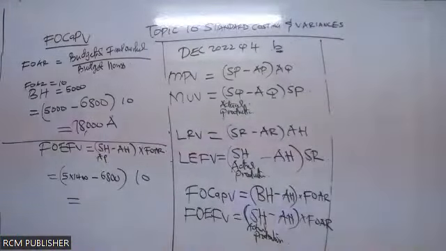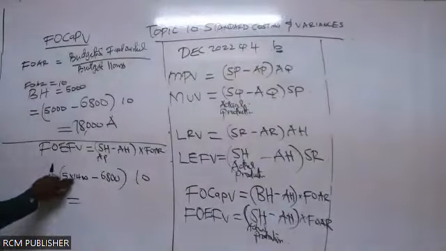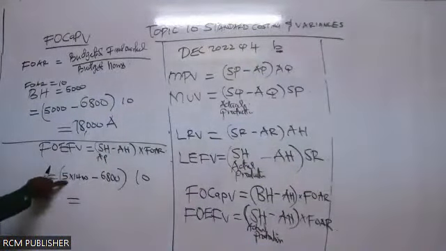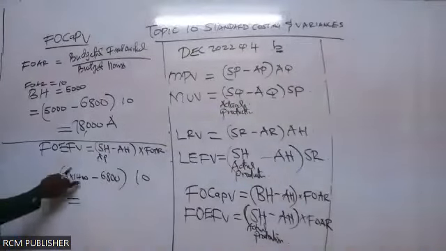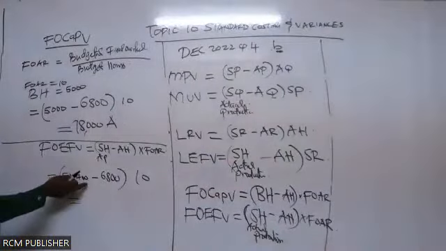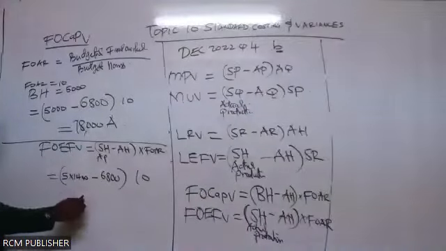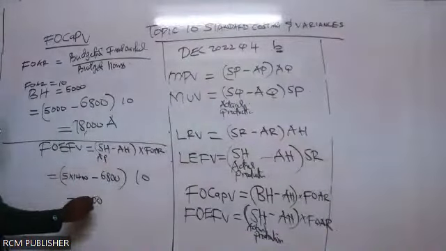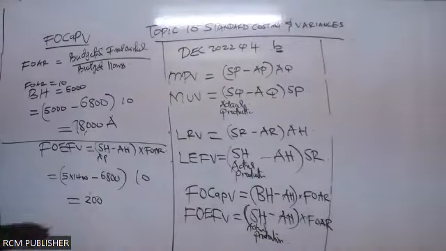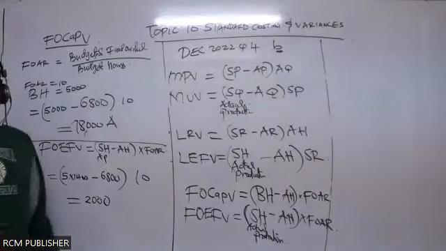I don't expect it to be 18,000. This by this should give me 7,000. The difference between 7,000 and 6,800 should be 200. Then I add this one here. So 2,000. So what I need from you is now the sign.